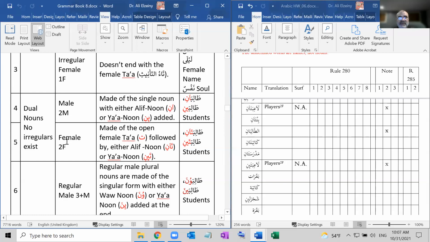It's double female. Okay, so that's how I figure out it's 2F. And according to note number 2, it's not applicable. Sarf is not applicable. You don't check sarf for those because it doesn't apply.